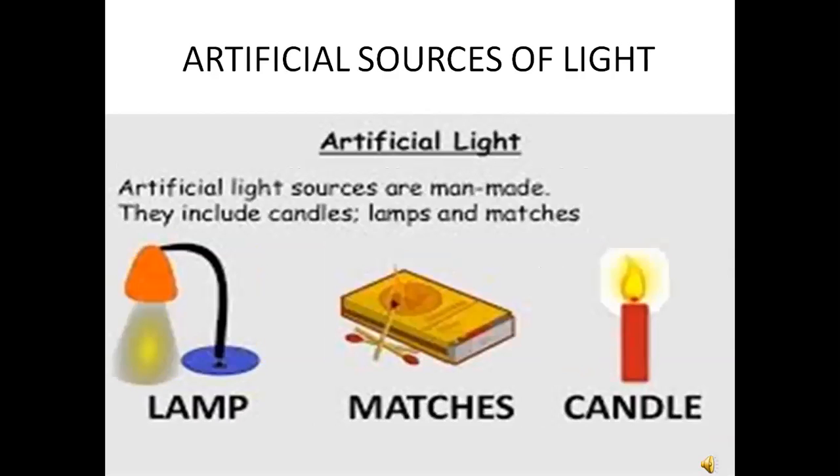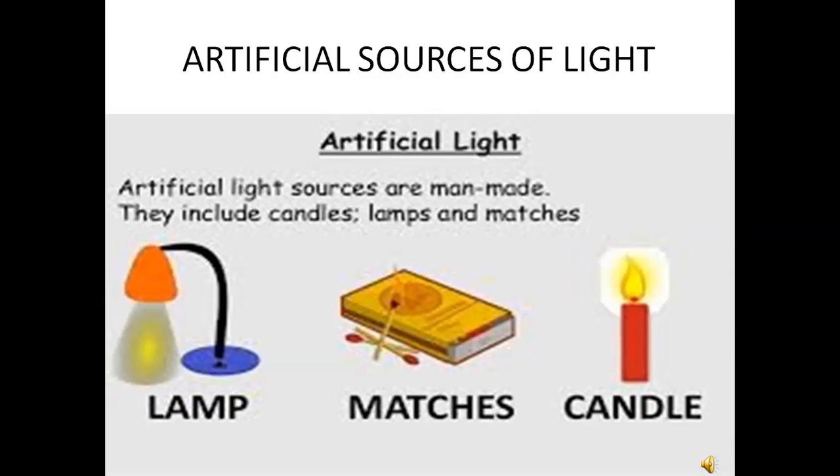Next, artificial sources of light. Artificial light sources are man-made. They include candles, lamps, and matches. Apart from the natural sources, light can also be produced artificially. The different light sources that are able to produce light artificially can be put under three broad categories.